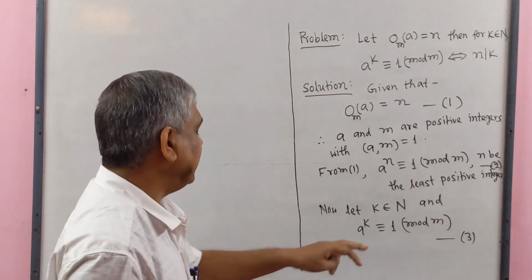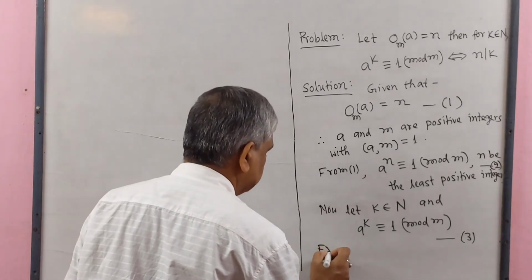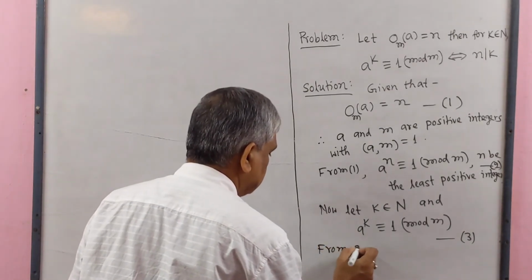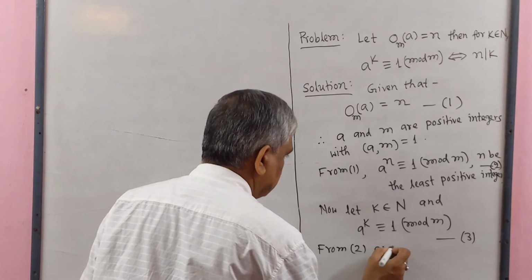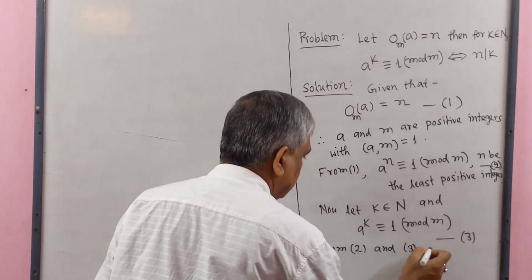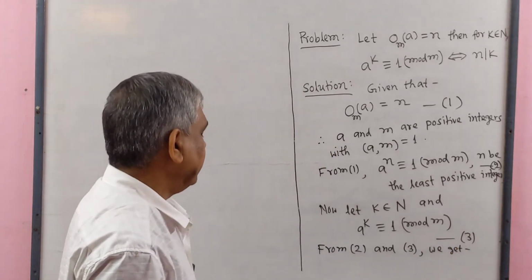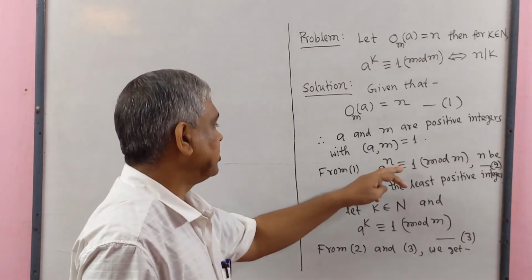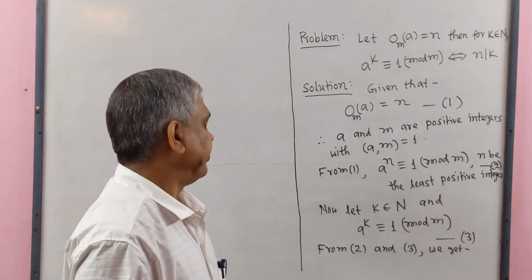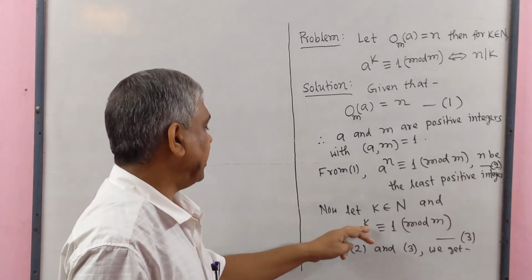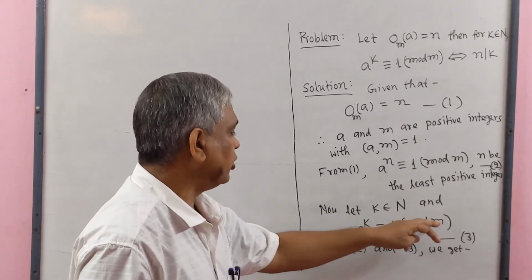From 2 and 3, we get here A to the power N is congruent to 1 modulo M. Here A to the power K is congruent to 1 modulo M.